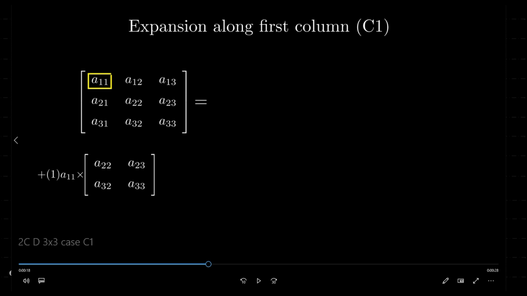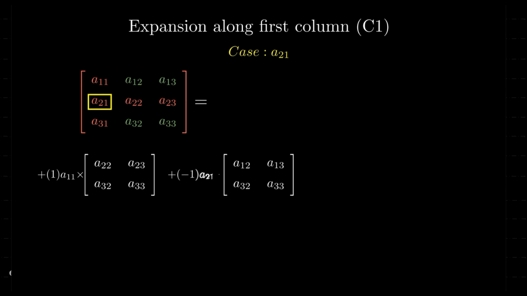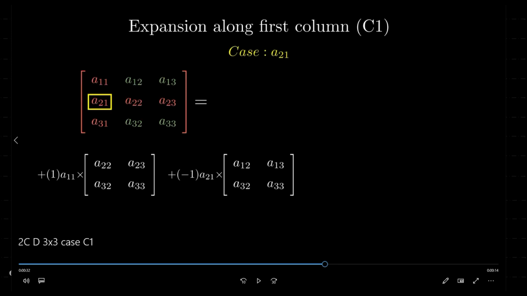Then where should we go? What is the next step? First column. Remember, it's first column. Yes, we have to move along the column to A21. Right? So A21, ignoring the elements from its row and column, everything else we picked up, made the new 2 by 2 matrix.